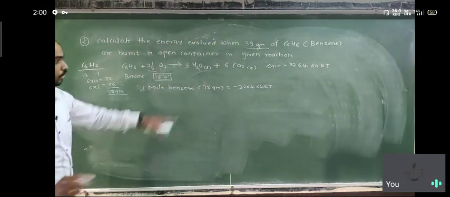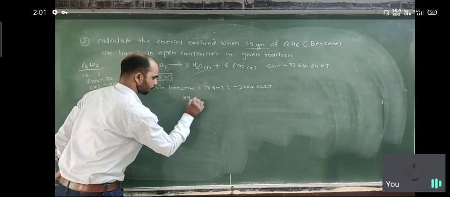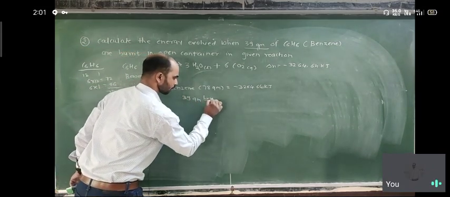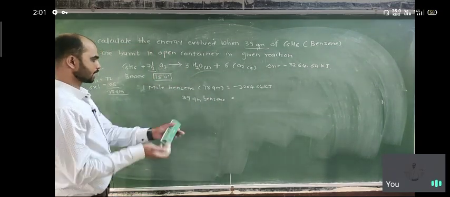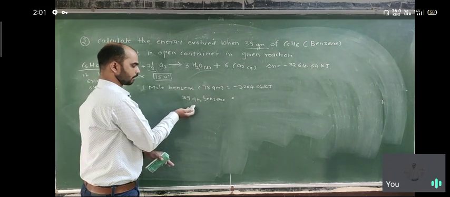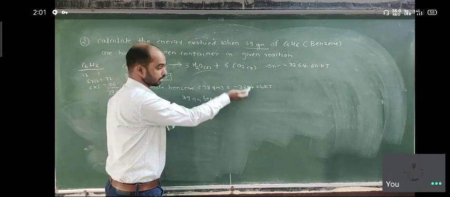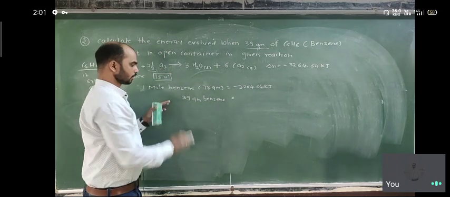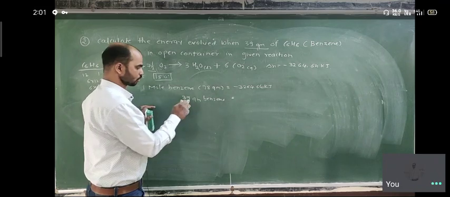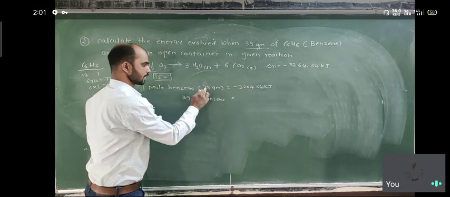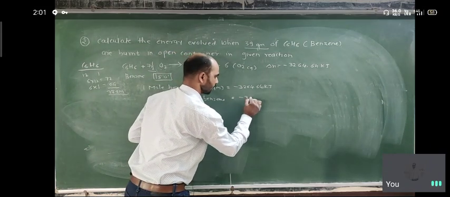And the question is for 39 gram. 39 gram benzene is directly one half of 78, so you can write half of this value. Or, if another quantity is given, it is just cross multiplication.